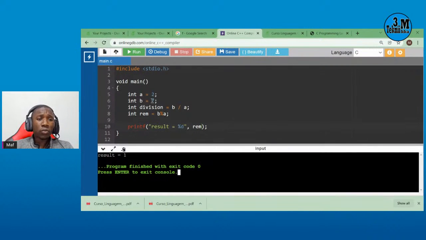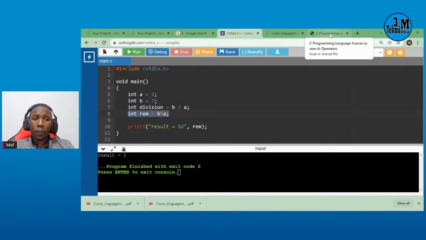Which one? Because when we divided 7 by a, we had a result of 3, and 3 plus 3 is 6. What is the other one? The other one is the remainder, and it is obtained using this operation. Okay, these are the arithmetic operations, and we also have an operator called plus plus.